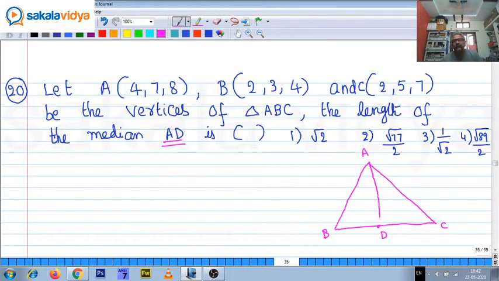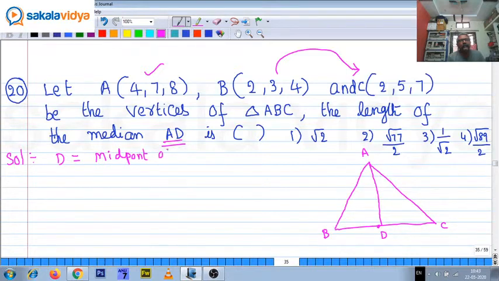Join AD. Here A point is known, but D point is not known. D is the midpoint of BC, so first we need to find out the midpoint of B and C. Then find the distance between A point and D point, that will be the length of the median. So first planning is to find the midpoint of BC. D equals midpoint of BC.